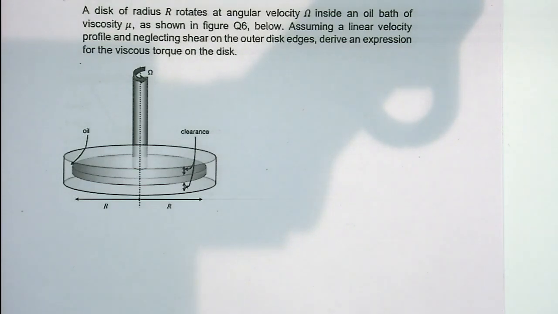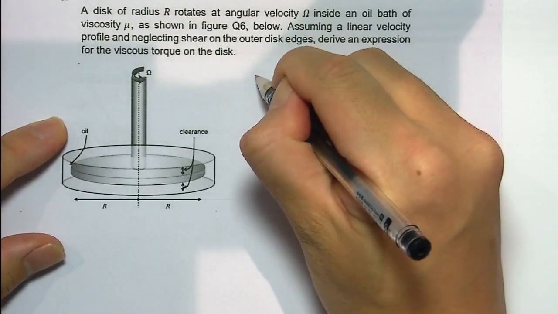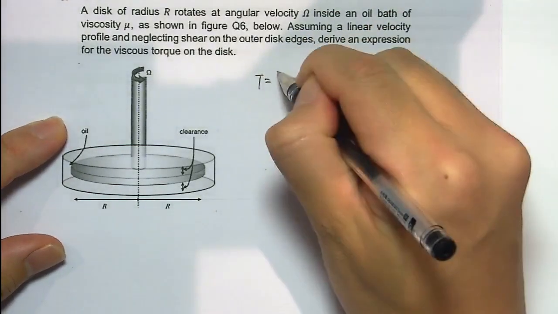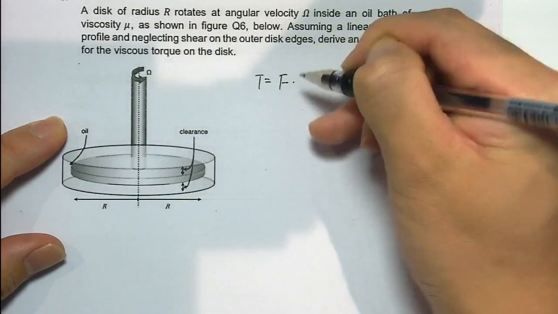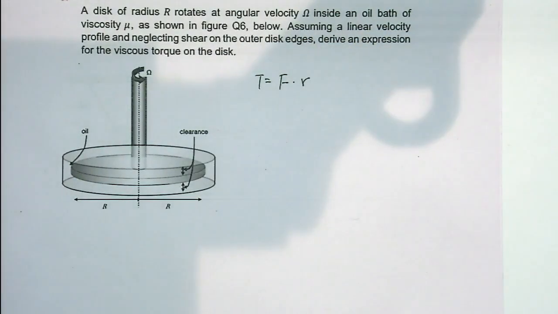Okay, so this question wants us to get the moment of the torque. The moment should be written as the force multiplied by the distance to the rotating center, right?